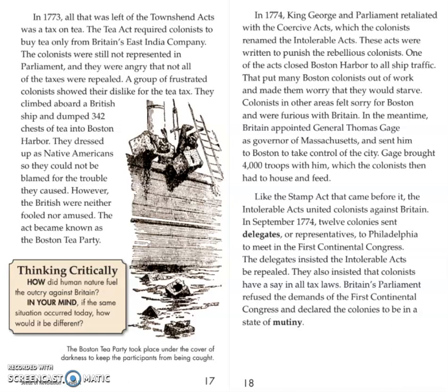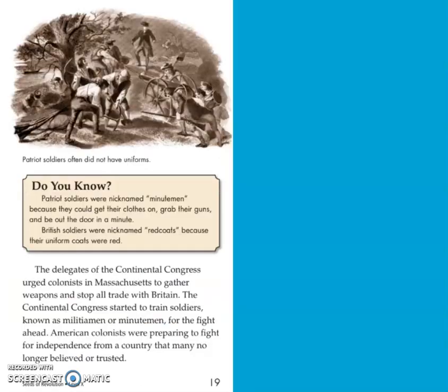Britain's Parliament refused the demands of the First Continental Congress and declared the colonies to be in a state of mutiny. The delegates of the Continental Congress urged colonists in Massachusetts to gather weapons and stop all trade with Britain. The Continental Congress started to train soldiers, known as militiamen or minutemen, for the fight ahead. American colonists were preparing to fight for independence from a country that many no longer believed or trusted.